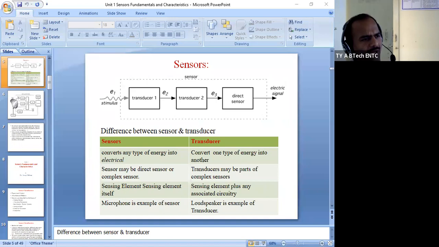So a number of parameters are there. According to that, we are able to sense with that particular device. Okay, so these are some basics related to the types of transducers. Okay, just take a note of this one.